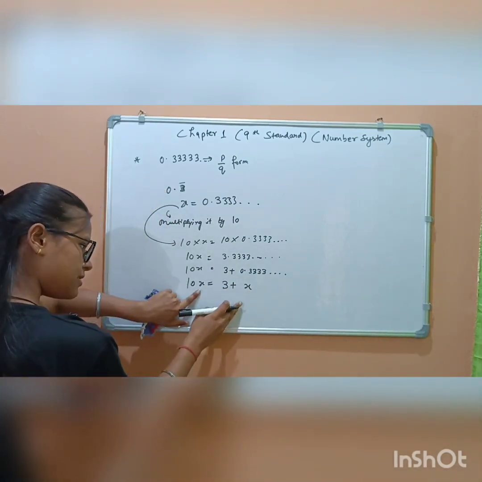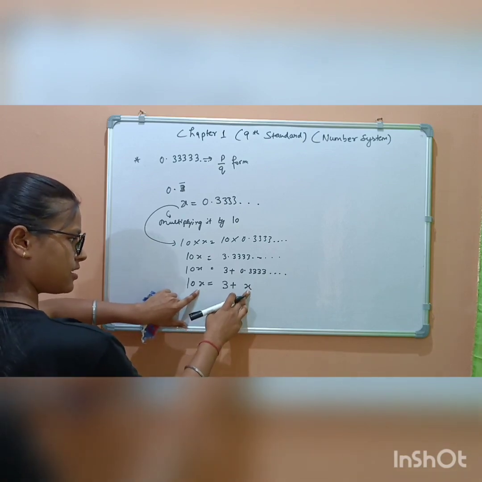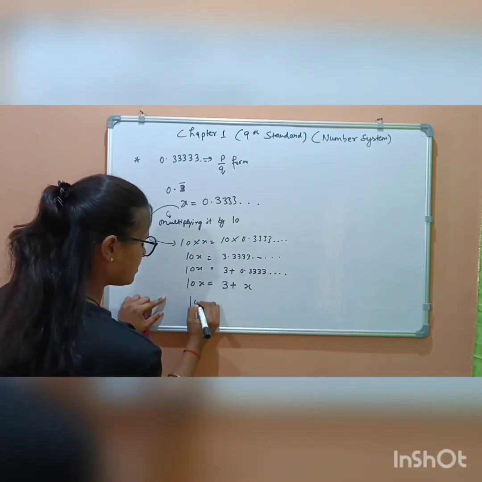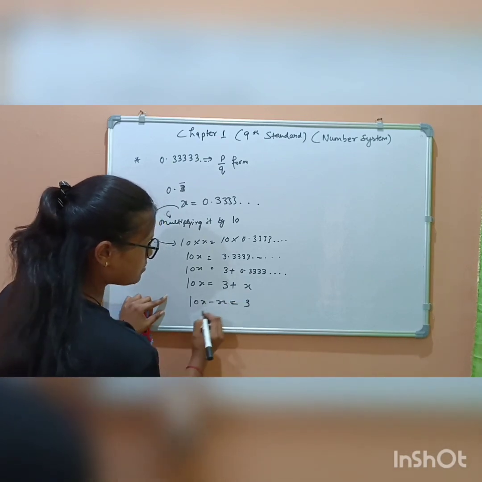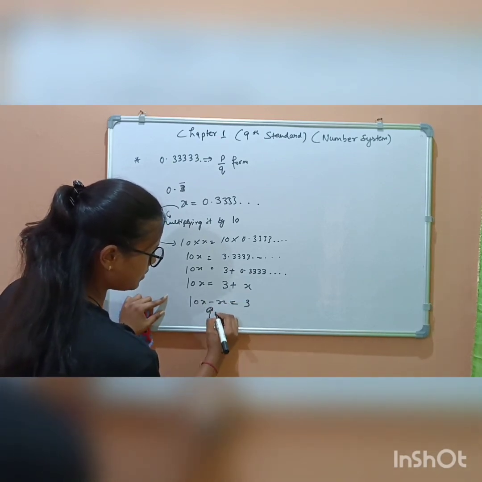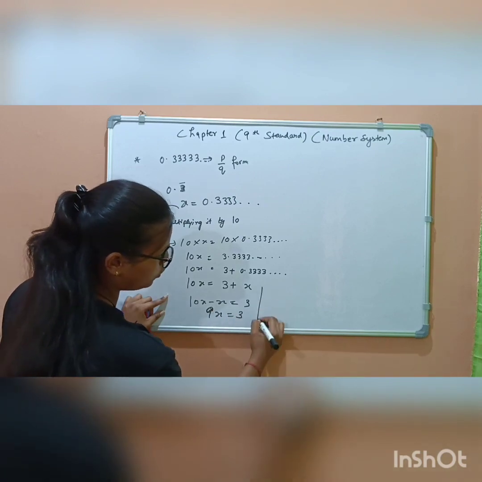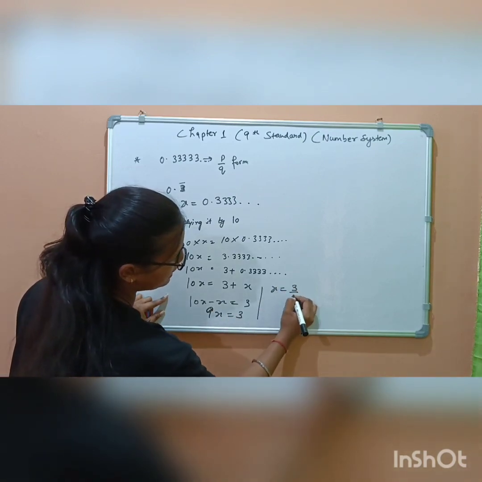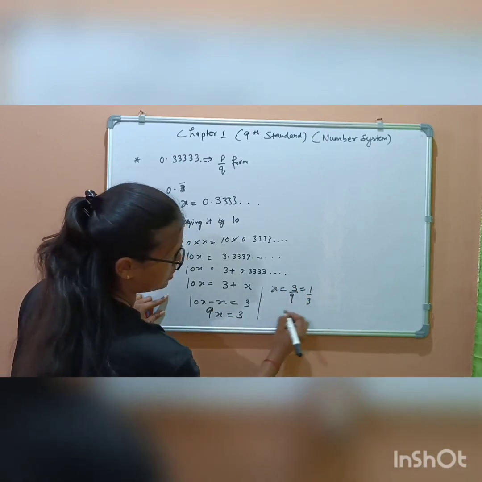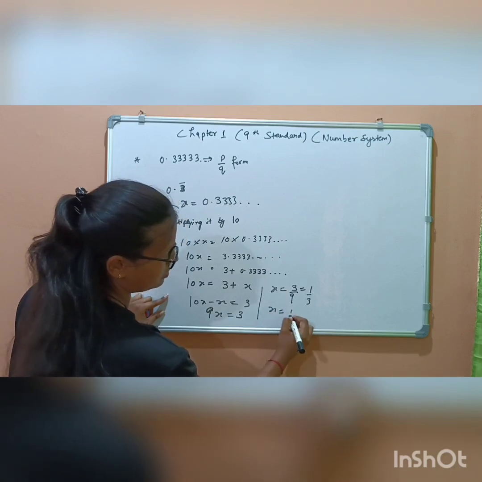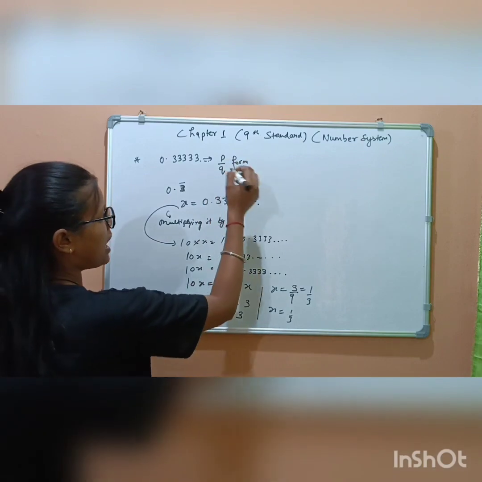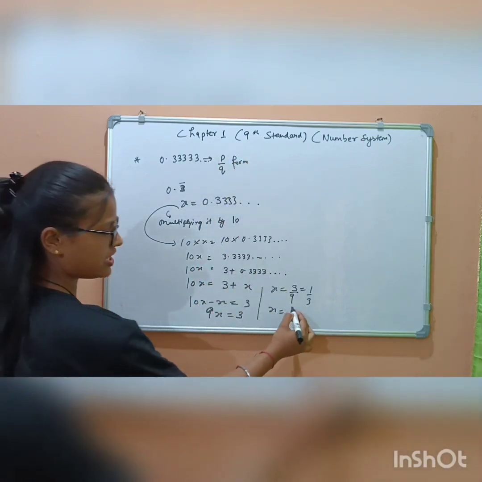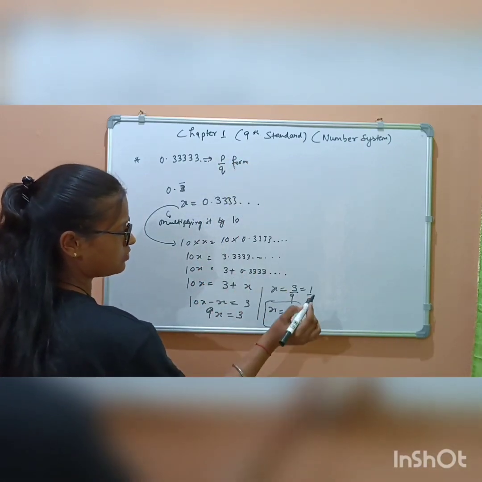Now take this x from here to the left hand side. So you'll get 10x minus x equals to 3. 10x minus x is nothing but 9x equals to 3. You will get x equals to 3 by 9, that is 1 by 3. x equals to 1 by 3. Clear? So you have the 0.33 representation as 1 by 3.